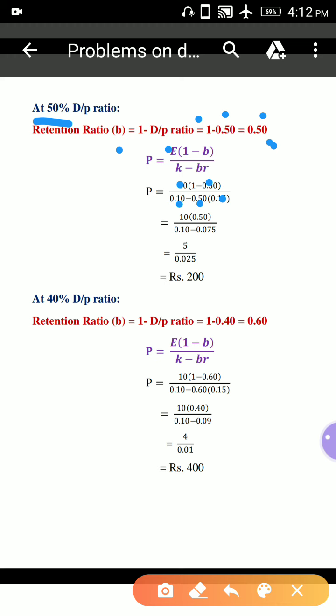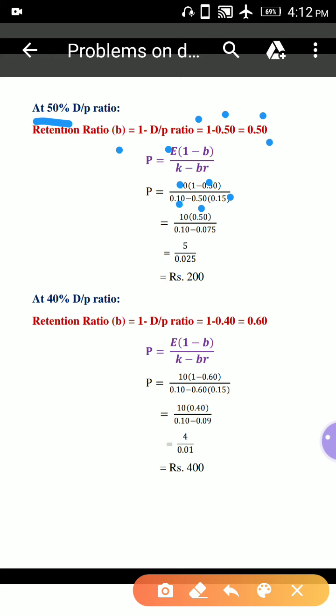Now 10 into 1 minus 0.50 means 0.50, divided by 0.10 minus 0.50 into 0.15, that is equal to 0.075.